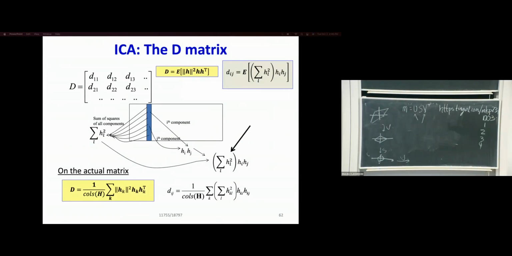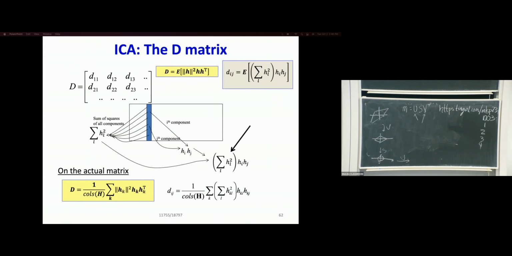Okay, so this is the approach you can see here. This means the length of H, and I think that's a bit misleading. This is like summing a bunch of outer products. That is D. HK is the column, right?